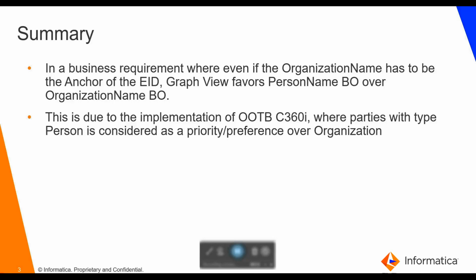This is due to the implementation of the out-of-the-box C360i, that is Customer 360 Insights, where parties of the type person are considered a priority or preference over the organization.